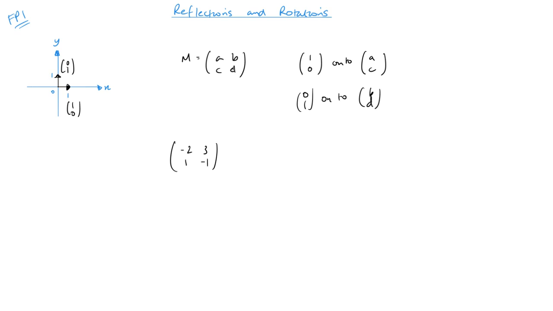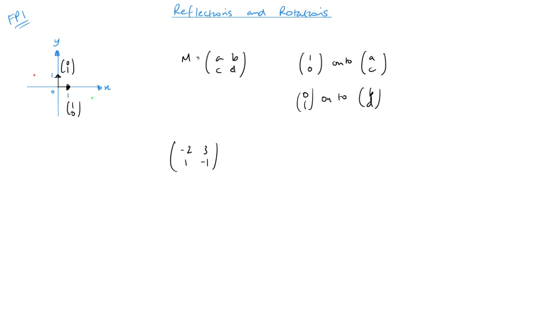So in red, this would be about here. And then I'll do the next one in green. The (0, 1), which is here, would map onto (b, d), so (3, -1). So there.